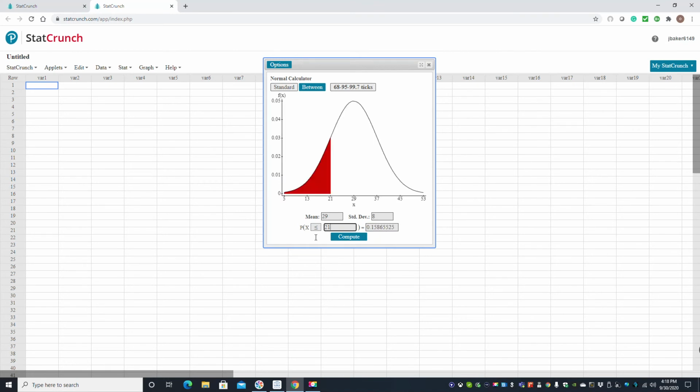I just type in 21, and it tells me my percentage, and I'll write all these down, is 0.1587, or 15.87%.